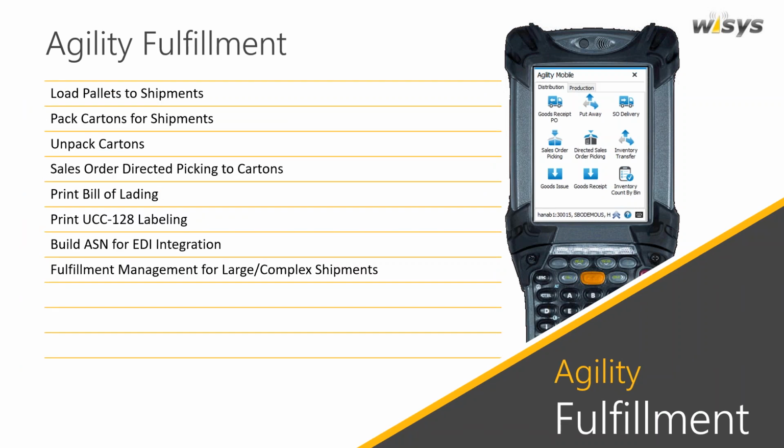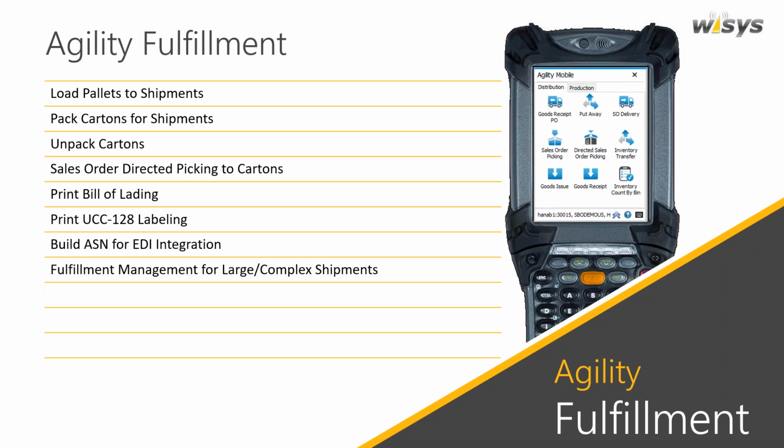And then we have a fulfillment module, which lets us load and ship those pallets as well as cartons, print bills of lading, UCC 128 labels. And when we create the sales order delivery in Business One, we update the packing slip information, which are behind the scenes, the DLN 7 and 8 records, which is really where all the EDI add-on solutions get the packaging information.